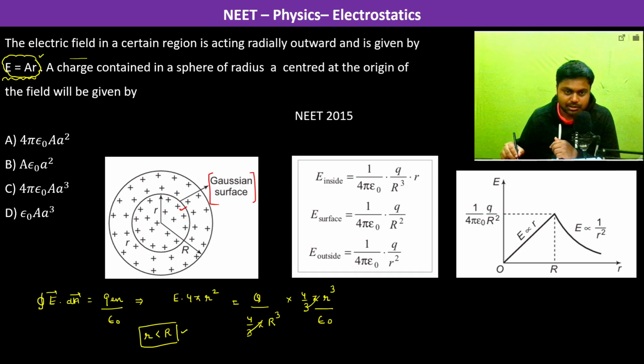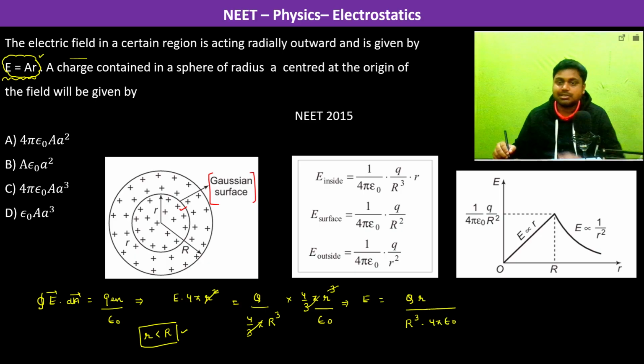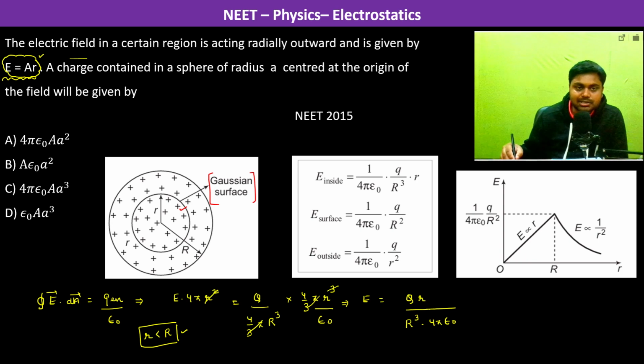If you see here r squared cancels, so the electric field is going to be Q r upon R cubed into 4 pi epsilon naught. So you see here it's linear.